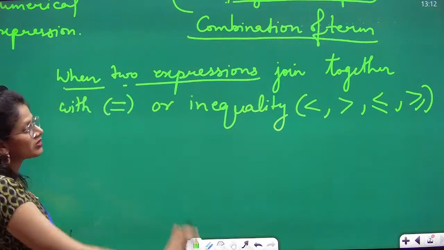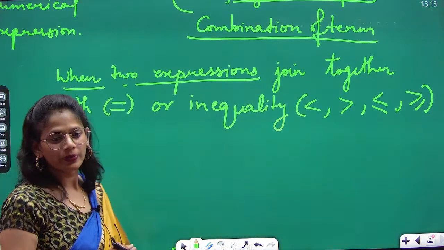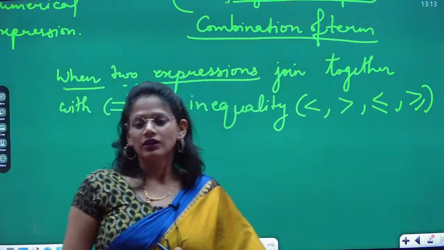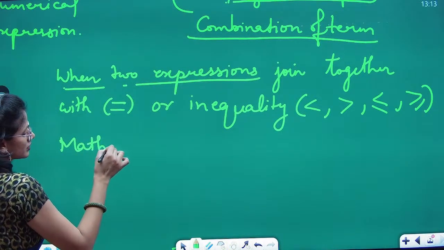When two expressions are joined together with equality or inequality, this is called a mathematical sentence.